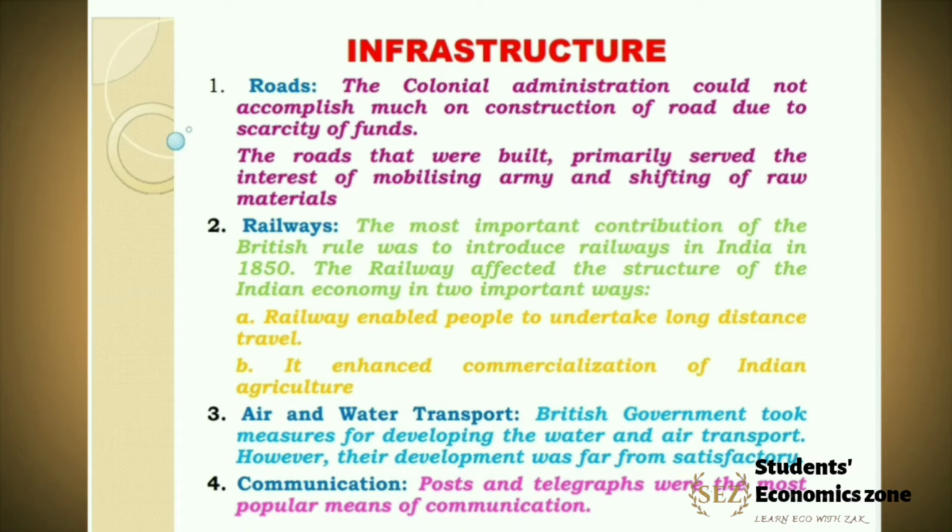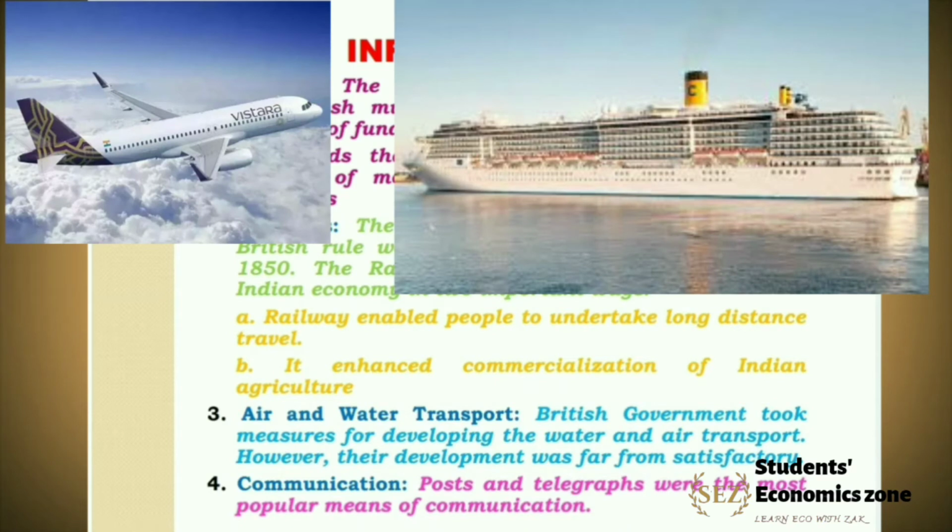Britishers could easily collect raw material as well as cash crops from rural areas, and they could easily export them or transport them to the nearest port. Like this, it enhanced commercialization of Indian agriculture.